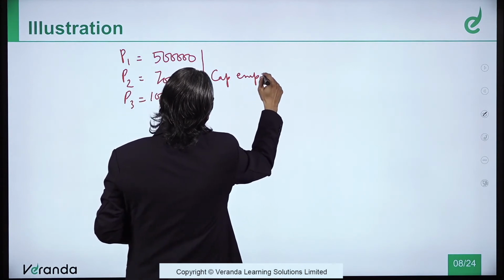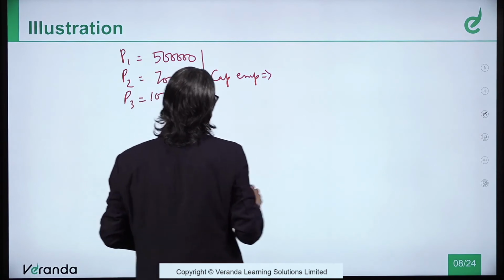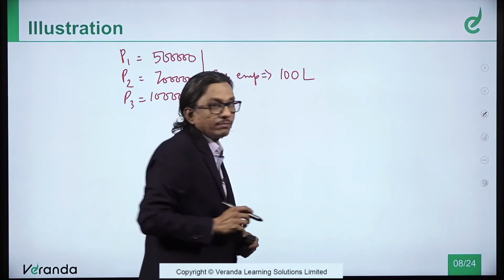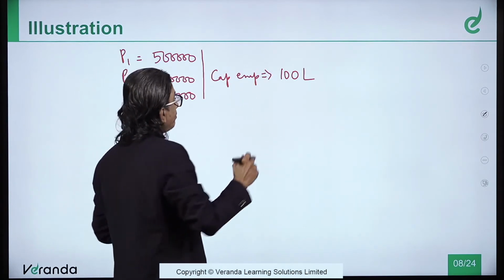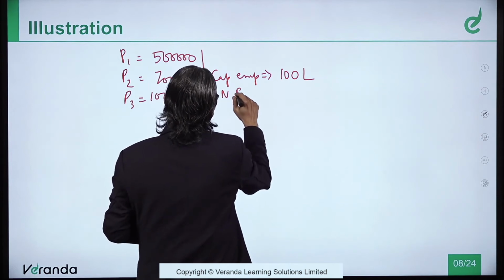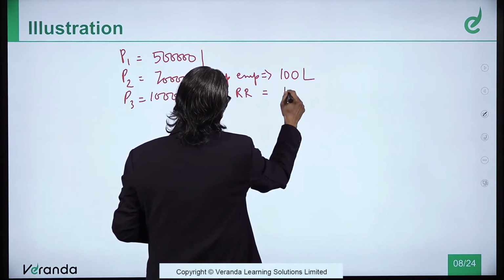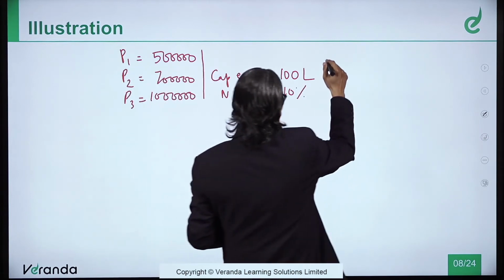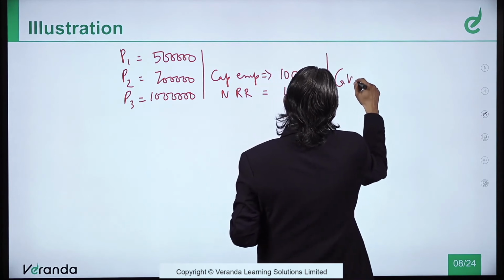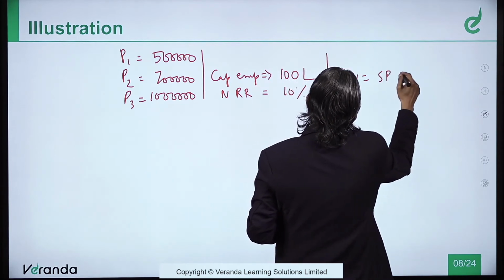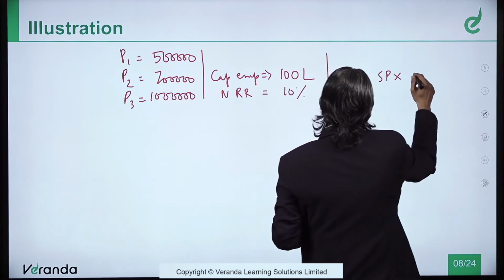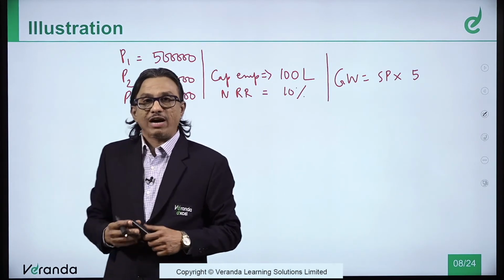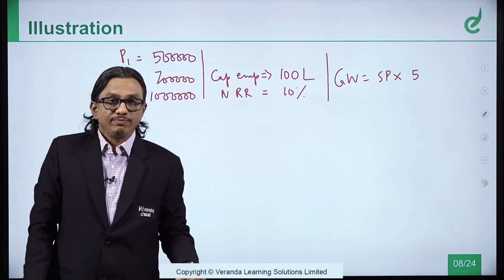Capital employed equal to 100 lakhs. Normal rate of return is 10%. Goodwill is equal to super profit into 5. Find the value of goodwill by 5 years purchase of super profit.